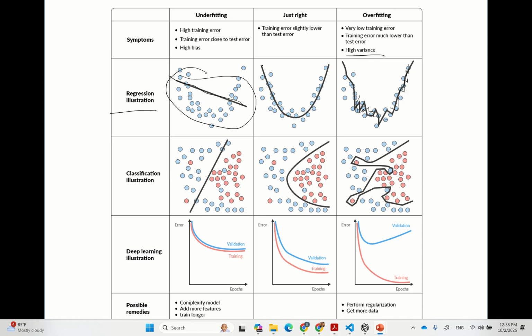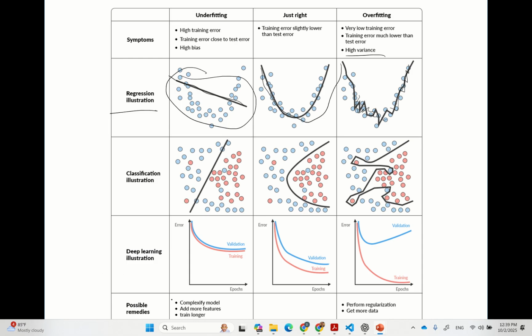So the idea is to get it just right, in the middle. Here the training error is lower than the test error, and we're not pursuing every single point. We're trying to generalize the relationship between the variables. That's for regression. You can see the same thing for classification and for deep learning.